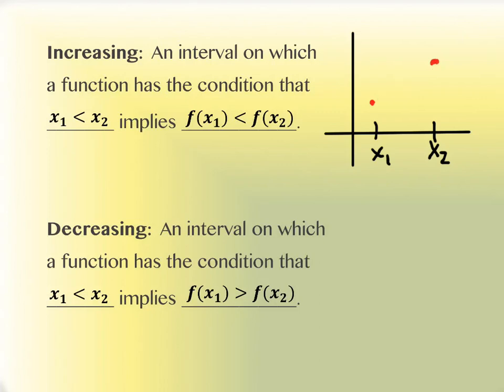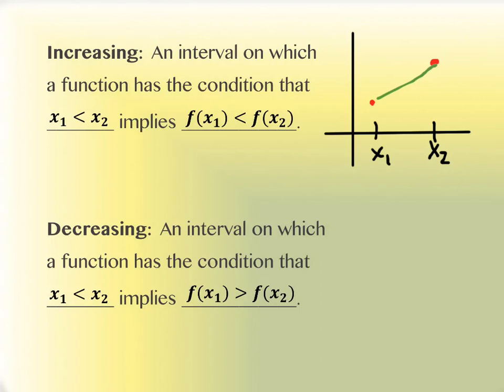And somewhere in between, the graph does this, or maybe it does this. Maybe it's just flat out straight. It doesn't really matter. The idea is that the first location is lower than the second one, and this graph increases. You guys knew that's what it means to increase. You probably didn't think about it in terms of this sort of inequality.